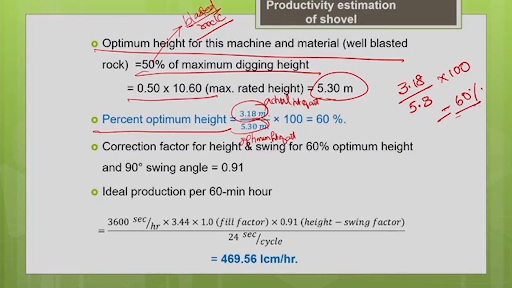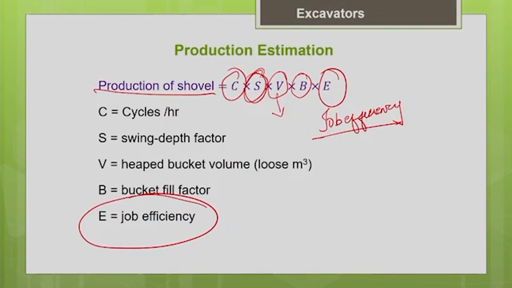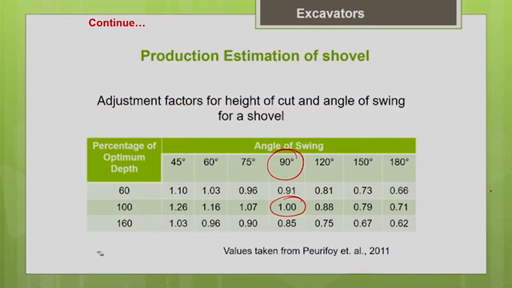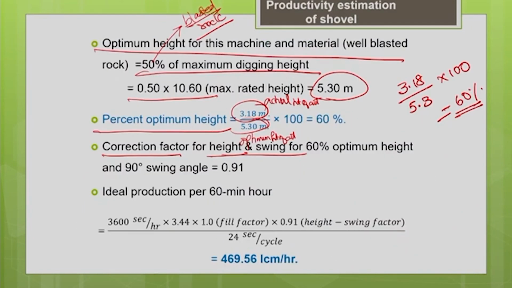So obviously this will have an effect on the productivity of the shovel. Now we have to choose a correction factor based upon the height and the swing. Swing is 90 degree. So we discussed the table earlier. Now let me choose a correction factor. These values are taken from the textbook by Purify et al. So for 90 degree angle of swing and for 60 percent of optimum height, the correction factor is 0.91. So you are going to apply the correction factor as 0.91.